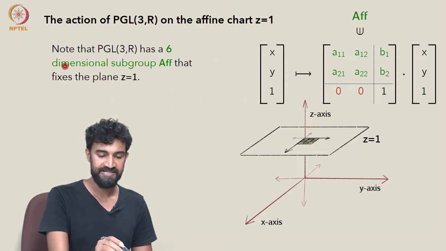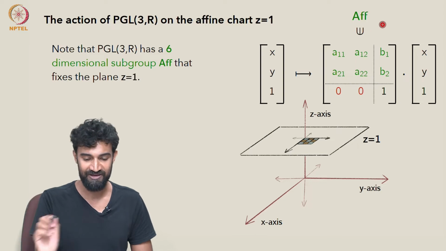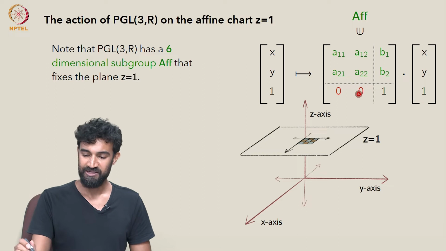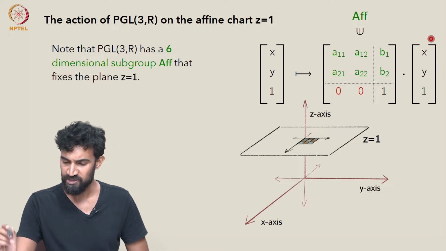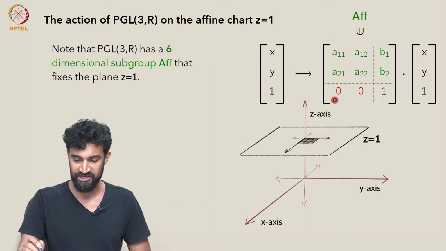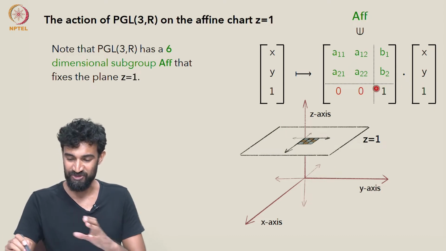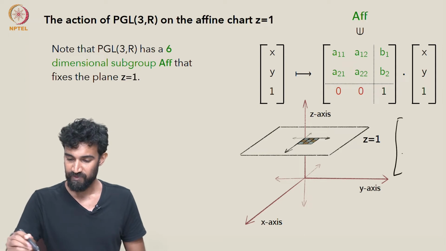But there's a 6-dimensional subgroup, which I'll call AF, for affine, which fixes the plane z equals 1. It just has zeros for these two entries. So here's an element of z equals 1. When we multiply it by this matrix, whose entries here and here are 0, we'll get something in z equals 1. Because when you perform matrix multiplication, what do we get?